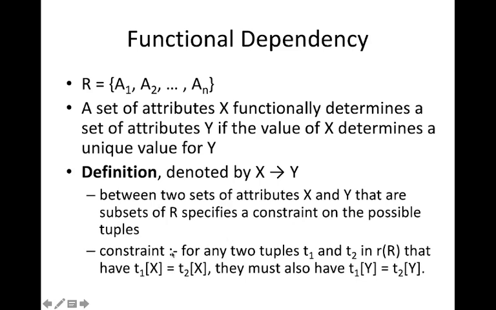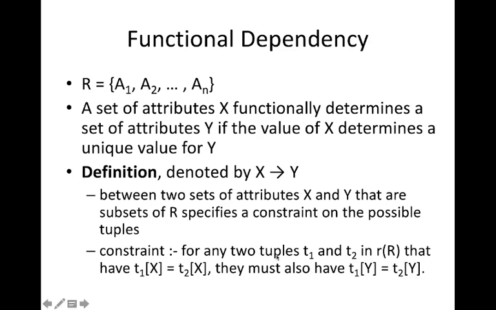The constraint is like this: for any two tuples T1 and T2 in r of R. We have already seen this r(R). r(R) means a particular database state. When we studied integrity constraints previously, we have already seen this notation. So r(R) denotes a particular table state. If the relation, the table, is filled with some values, then it denotes a particular state.